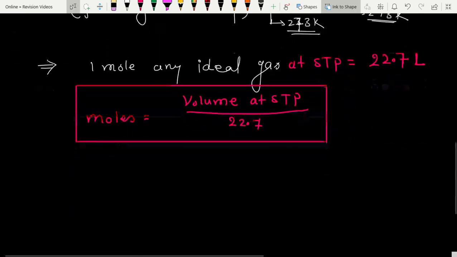Now we'll take one question based on this formula and try to solve it.